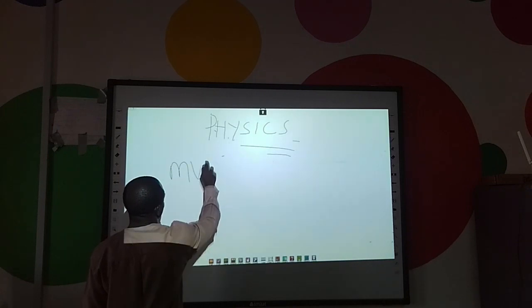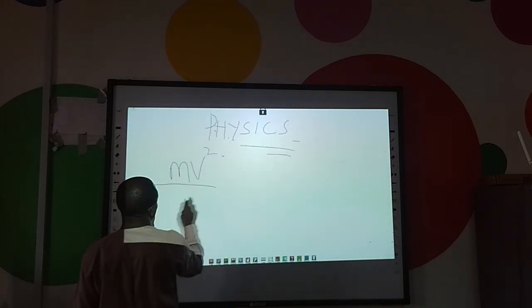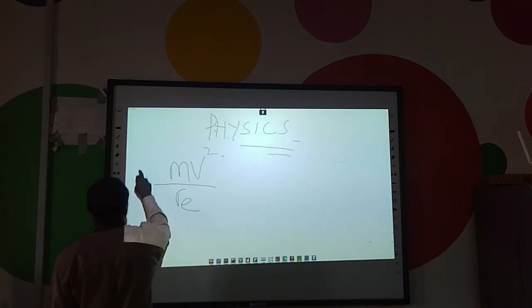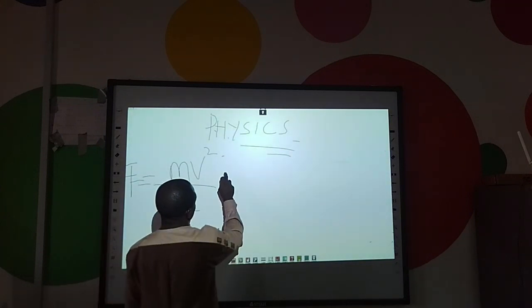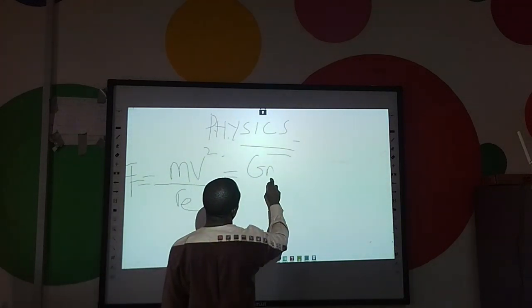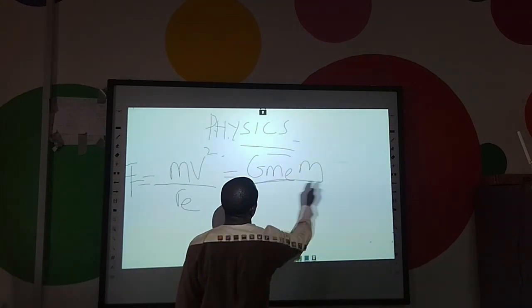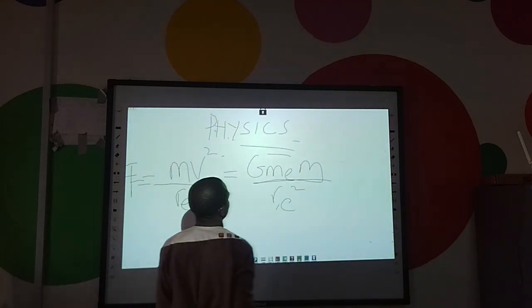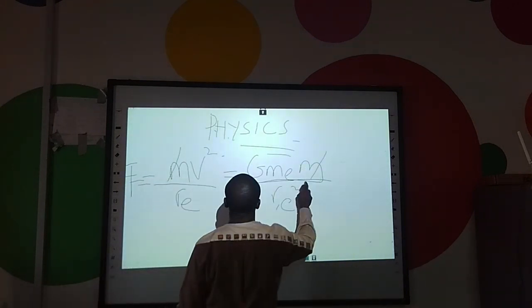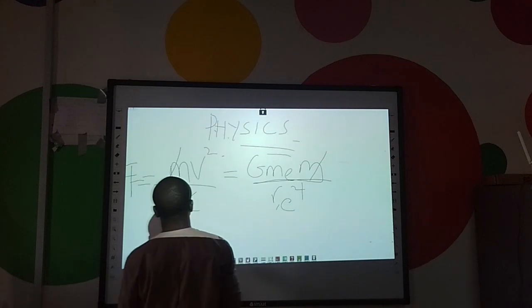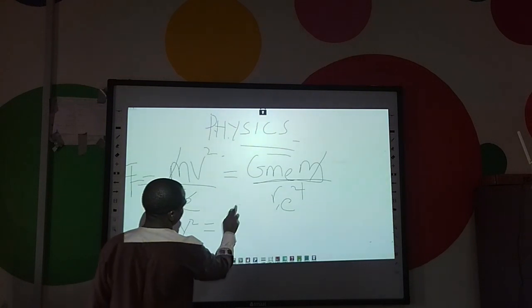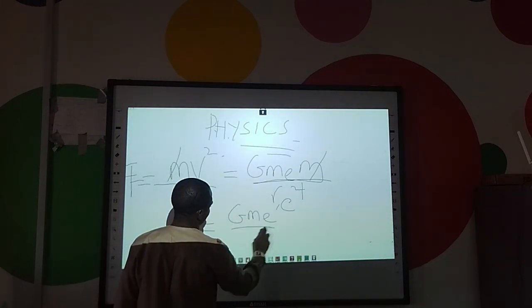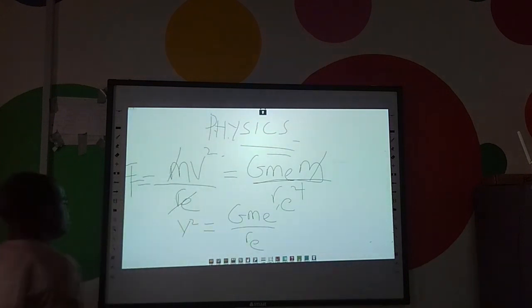Now, m v squared over R E is the centripetal force, which equals G M E m over R E squared. From here, m cancels m, R E cancels one of the R E. We are left with V squared equals G M E over R E.